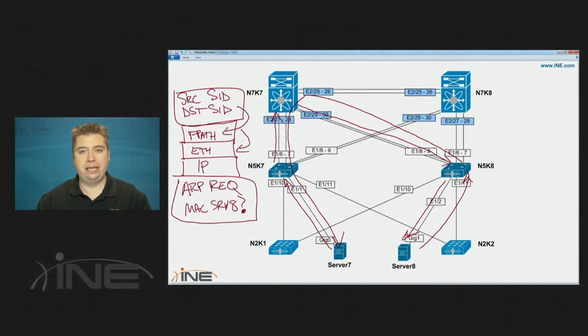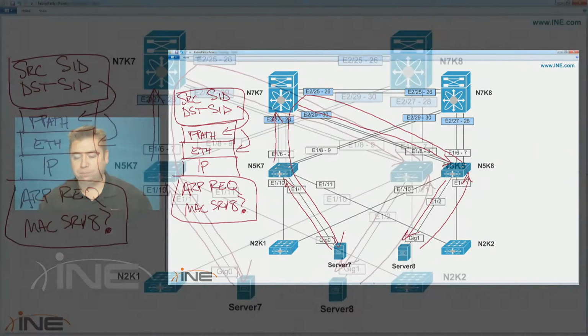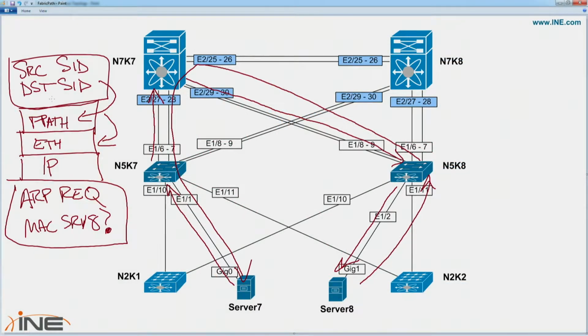When I go to ping google.com, I create the packet with my source IP address and their destination IP address, and that's how the packet is routed through the internet. It's going to look at the destination IP, and we're going to forward the packet based on what the routing table says. FabricPath is going to do the exact same thing, but it's going to be routing the packets based on the destination FabricPath switch ID, as opposed to routing the packet based on the destination MAC address.